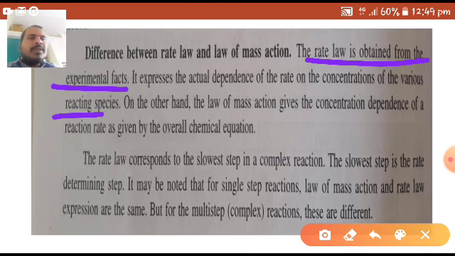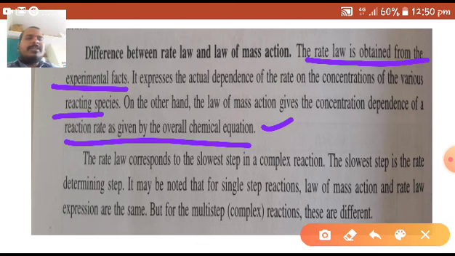On the other hand, the law of mass action gives the concentration dependence of reaction rates as given by the overall chemical equation. So the law of mass action depends only on the balanced chemical equation, whereas the rate law depends upon the actual concentrations.